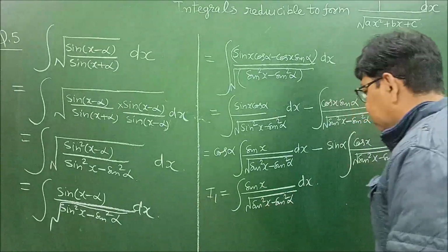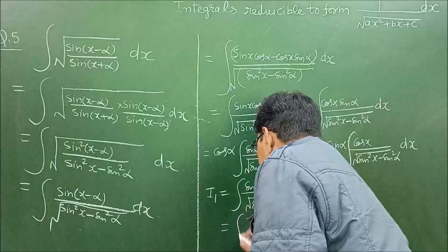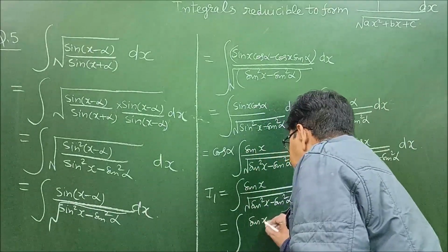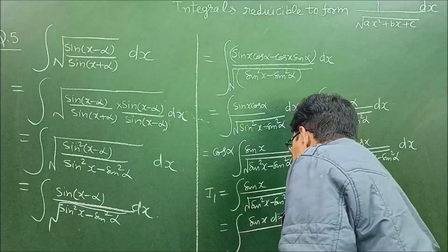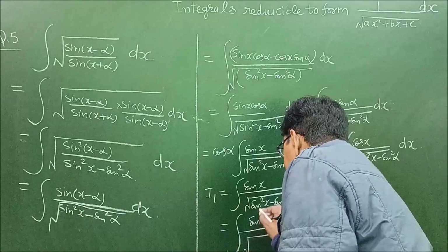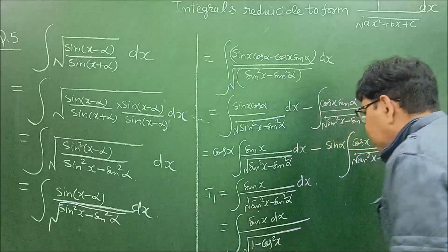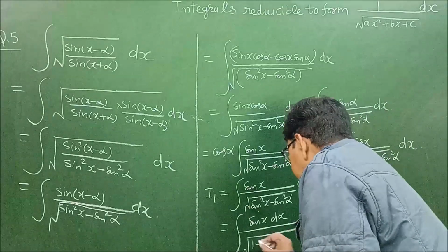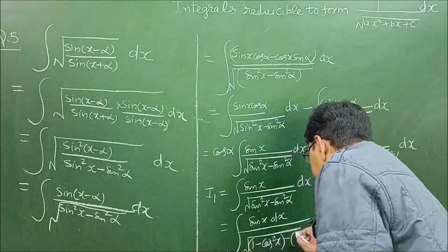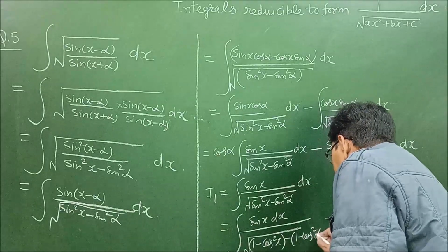So bringing it in the cos form, we can write this is equal to sin x dx upon under root of sin²x can be written as 1 − cos²x, and this sin²α can be written as 1 − cos²α.